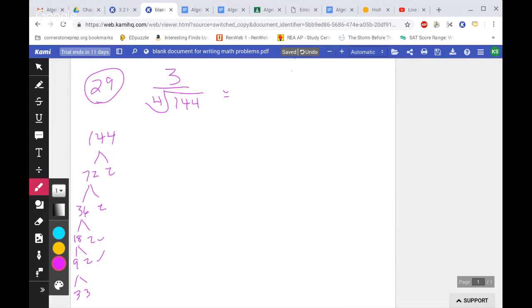So I've got 1, 2, 3, 4. So I can pull a 2 out. And then I'm going to have the 4th root of 9. So this is kind of interesting, because I guess that rule would come into play also.